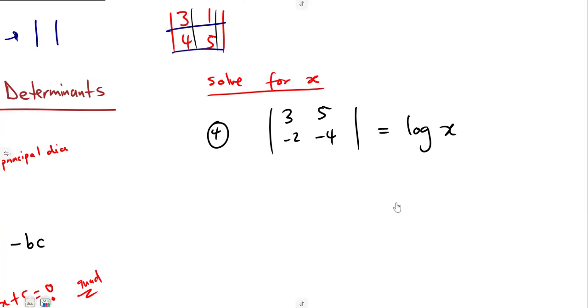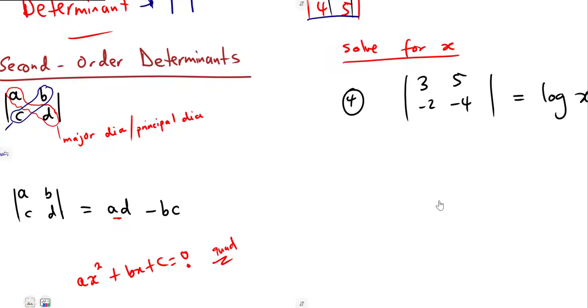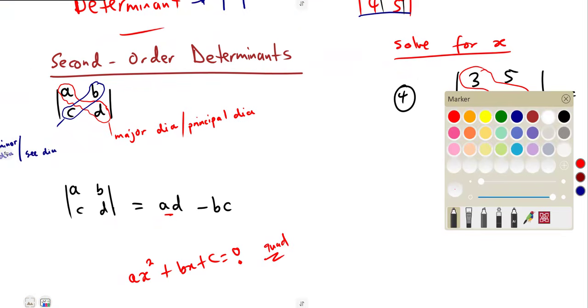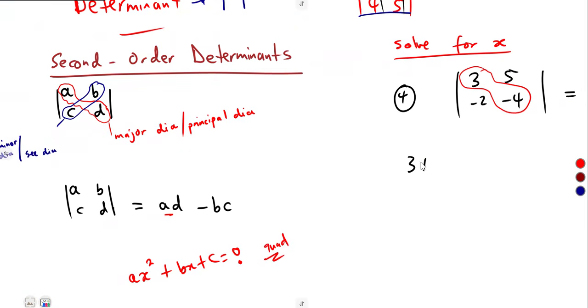So let's determine that determinant from our formula, AD minus BC. The major diagonal, 3 and what? -4. Minus the minor diagonal, which is 5 and -2.